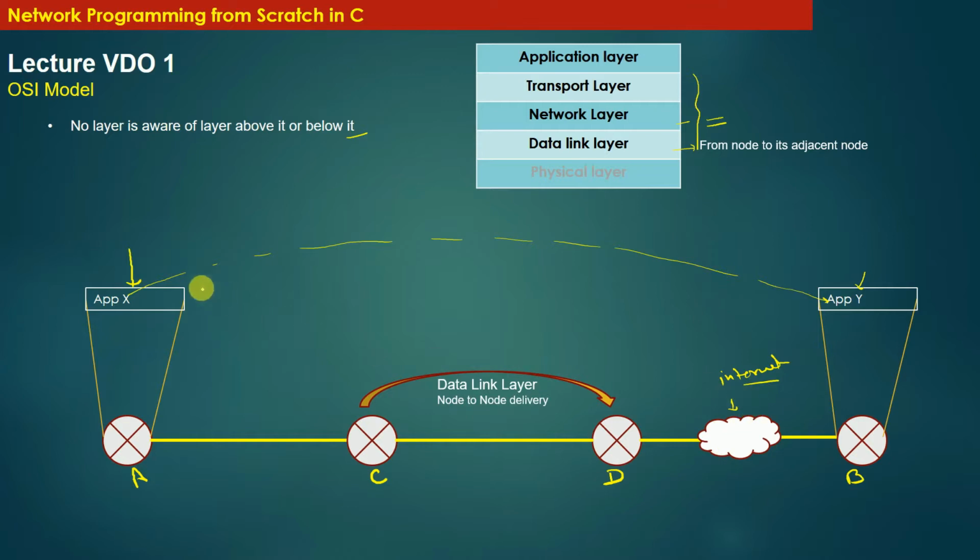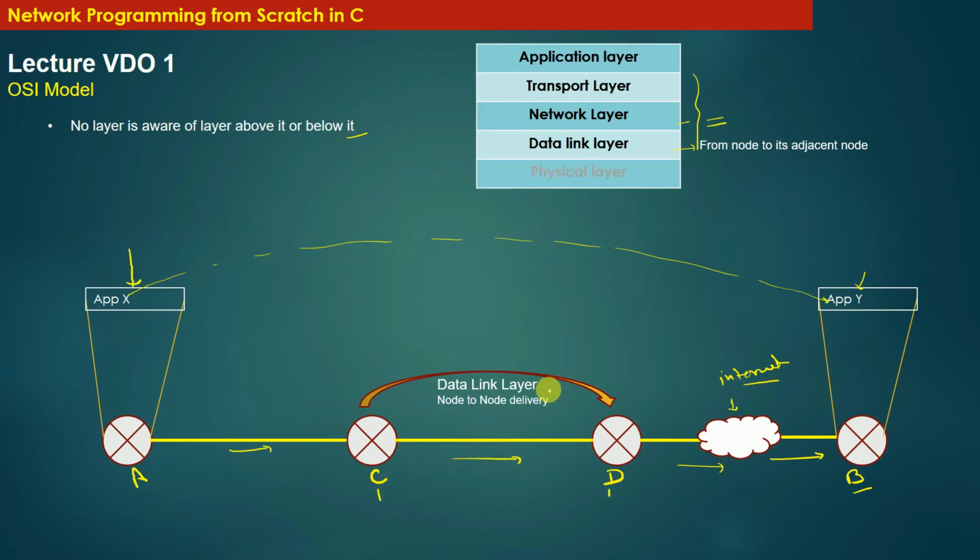So the data generated by application X has to go to application Y that is running on some machine B in the world. Of course, the data has to travel from node A to node C, from C to D, then from D to the internet, and from the internet again to node B. You can see that C and D are called intermediate nodes.